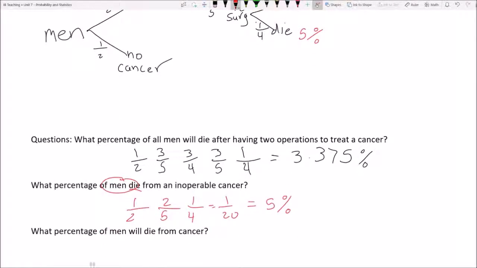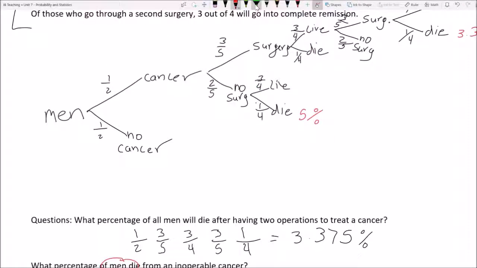And then what at the end? What percentage of men will die from cancer? So what we have to do is we have to come back up here and we have to identify all of the ways that can happen. It could happen here. It could happen here. It could happen here. We already know 2 of those probabilities, so we just need to find this one then. So in order to find this one, what we do is we multiply along the branches of the tree that lead there.